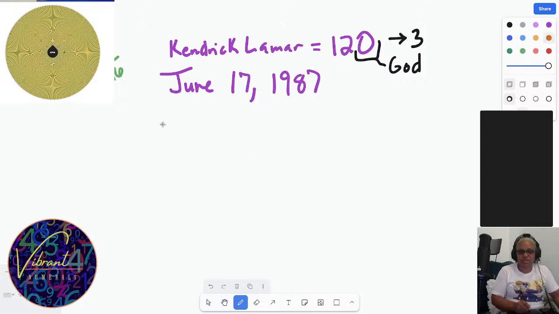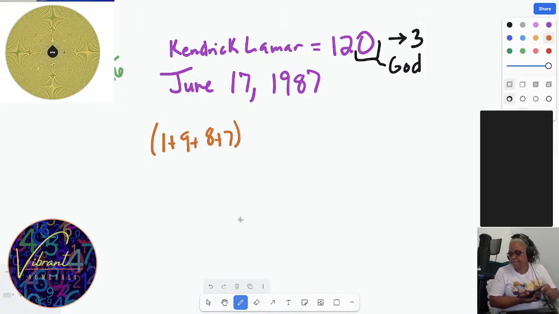But let's look at this calculation. We have 1 plus 9 plus 10. Add 6.